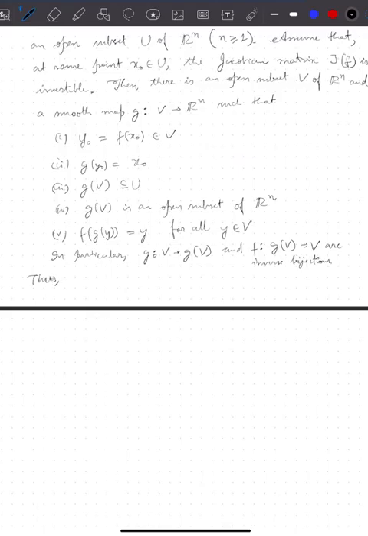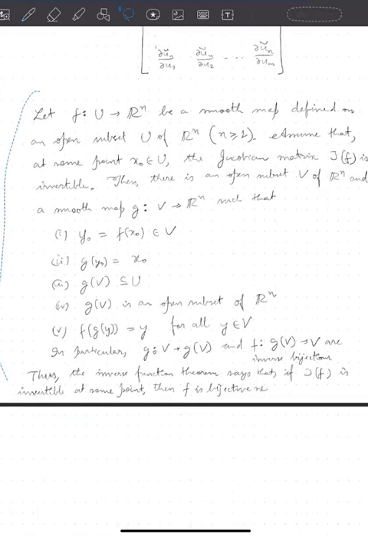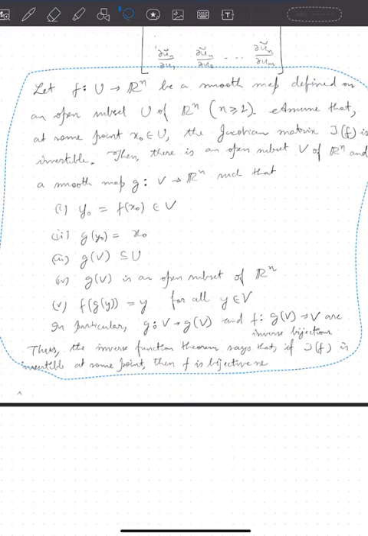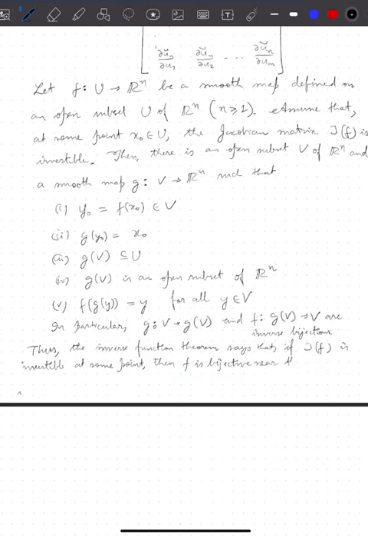So the conclusion of this theorem is that the inverse function theorem says that if J of f is invertible at some point, then f is bijective near that point, and its inverse map is smooth.